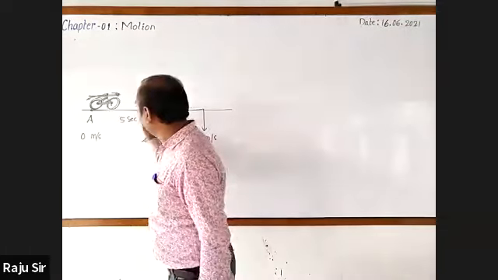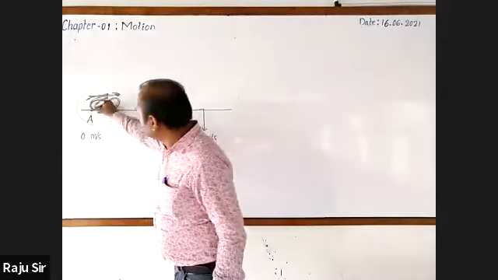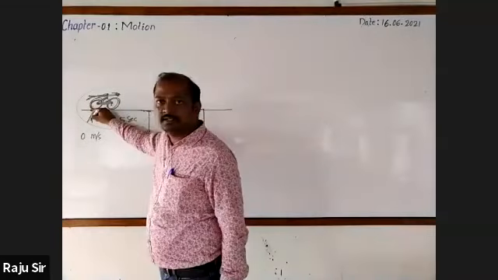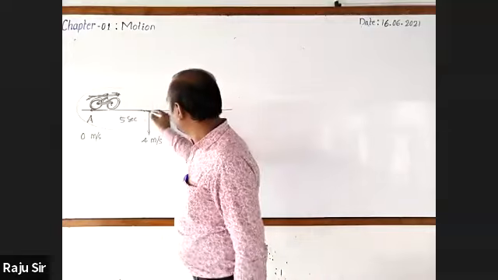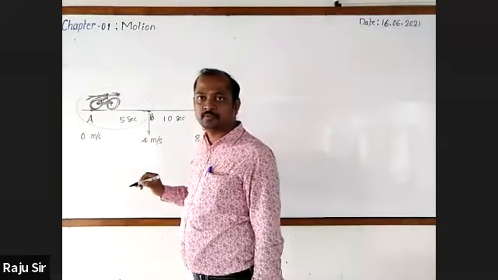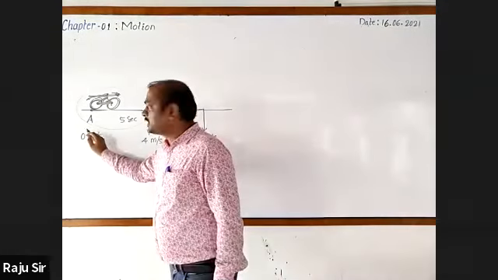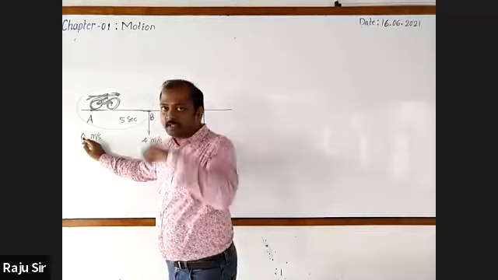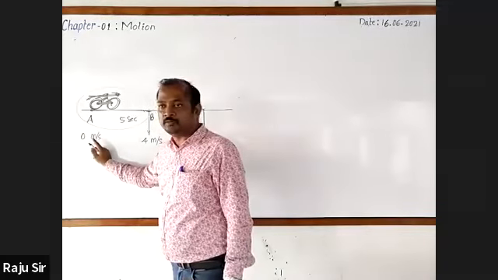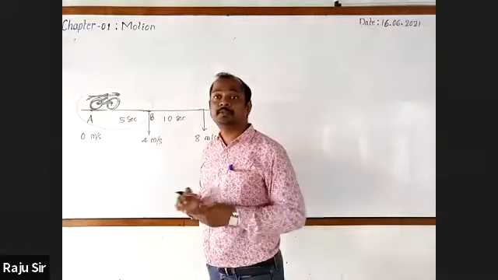Observe, when you consider only the first 5 seconds, point A represents the initial position and point B represents the final position. Got it? When it was at A, its speed is 0 meter per second. When it comes to B, its speed is 4 meter per second.